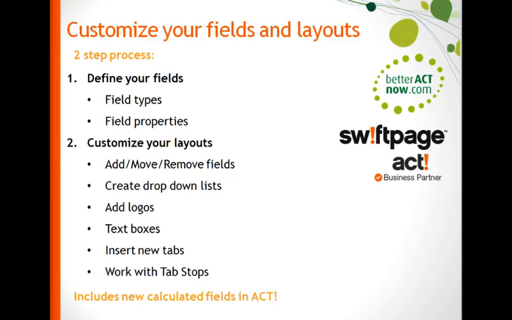I'll show you how to add, move and remove fields, how to create drop-down lists, add your business logos, include text boxes, and insert new tabs for extra fields. We'll work with tab stops, and finally we'll take a look at the new calculated fields in ACT.